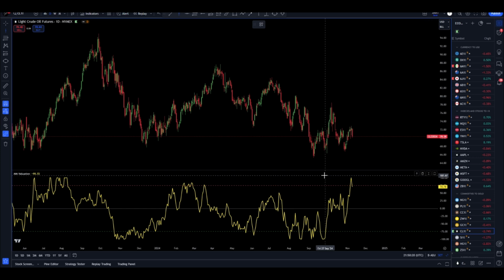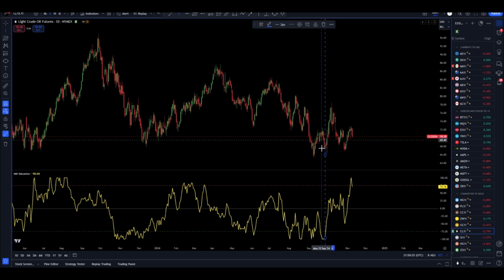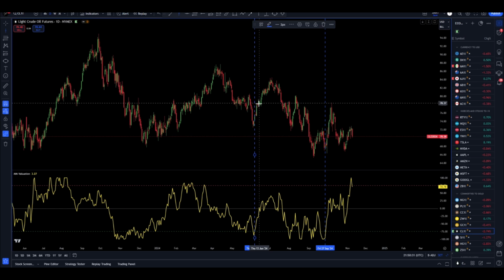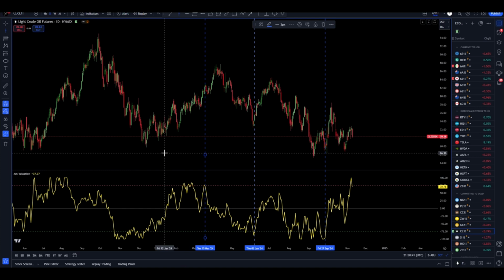Whenever oil was undervalued against gold, we have seen a rally in oil. Undervalued against gold, we have seen an up move. Overvalued, a down move, which wasn't that good, but it's fine. As I said, it's not a perfect tool. It's just a valuation.